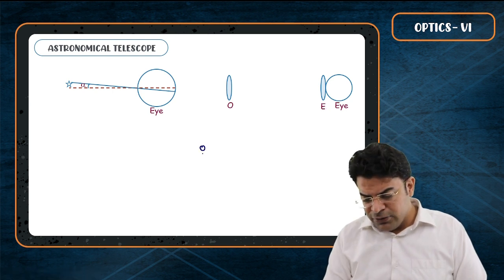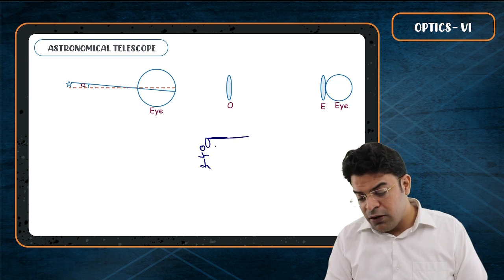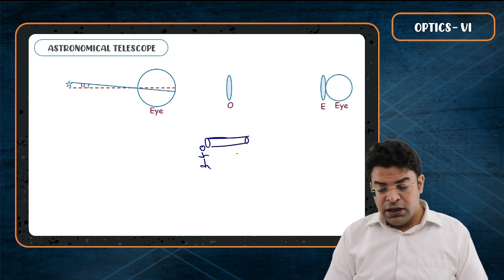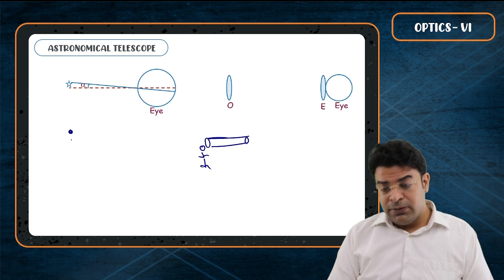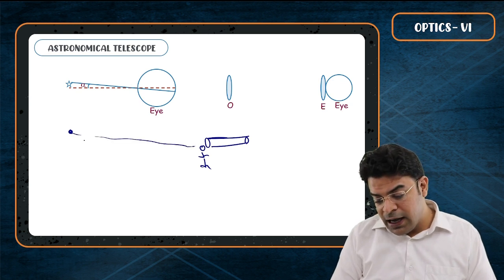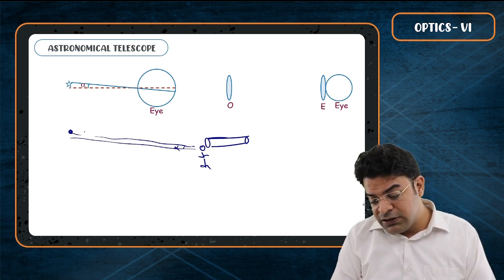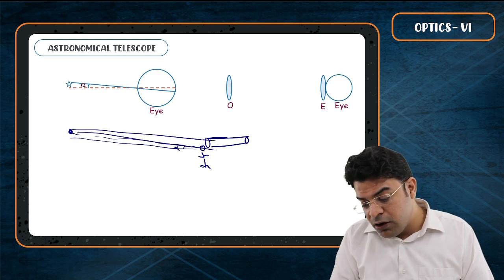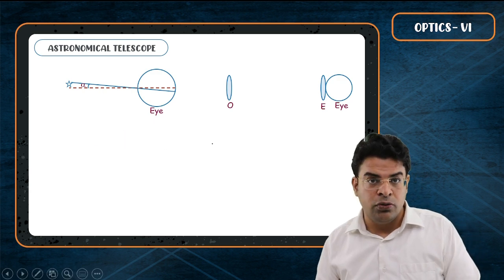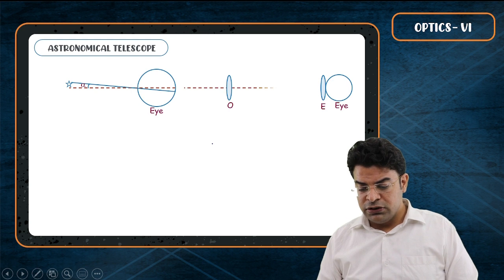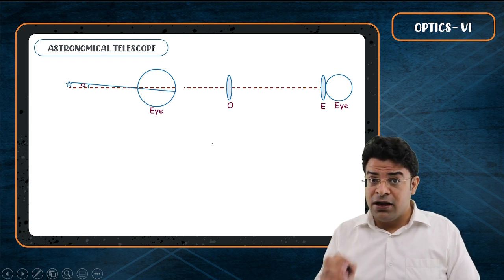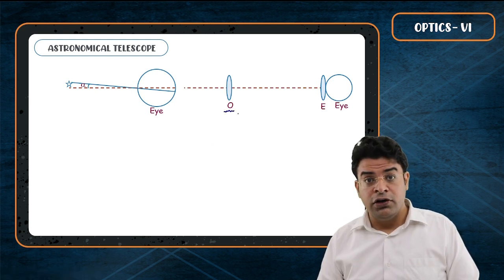Now, if I am standing on the surface of Earth and I am using a telescope, if a distant star subtends an angle alpha on my eye, then the same star will subtend the same angle alpha on the objective of the telescope. Think over it.